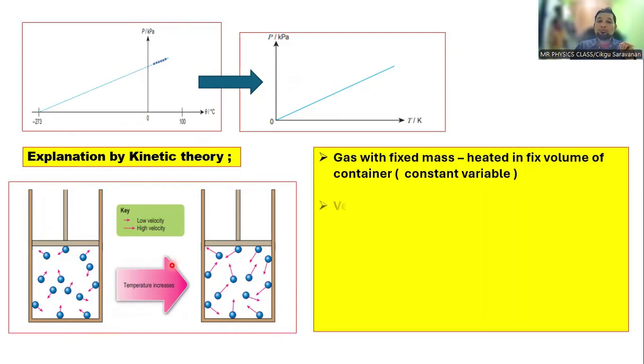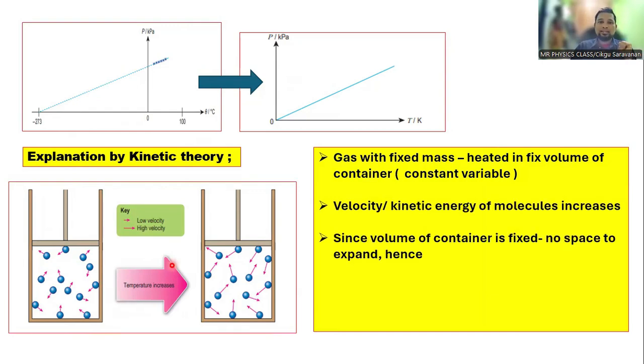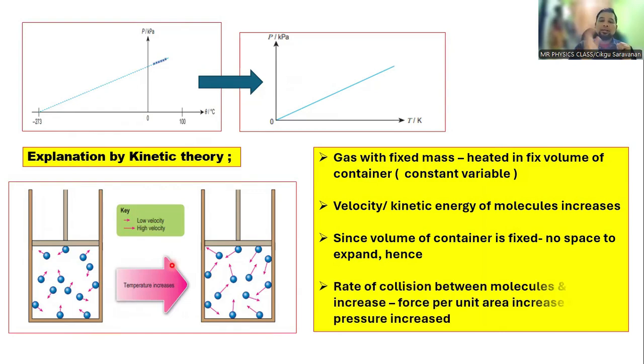So we must know the sequence from when the container is heated until the pressure is increased. Okay, first, once this gas or air molecule receives the heat energy, that heat energy will make the molecule's kinetic energy increase.